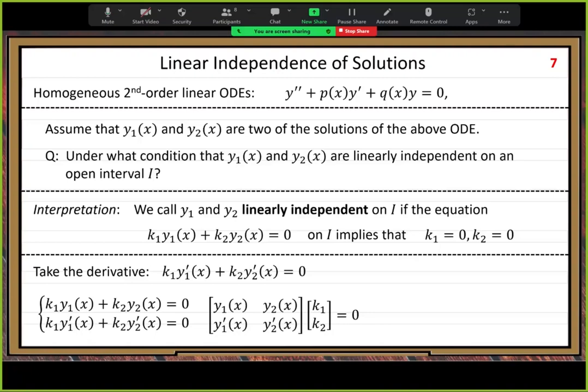So let's apply it. Now, we calculate the determinant. We use this notation, vertical bars, like absolute value.